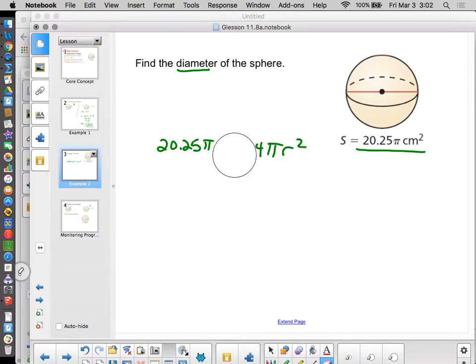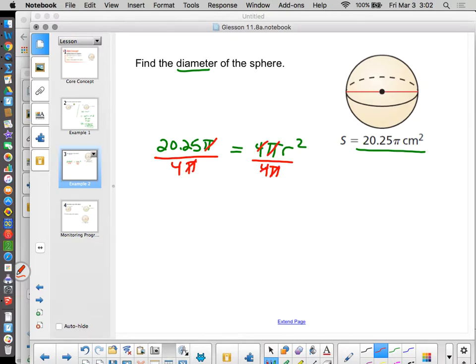For now, we'll get rid of the centimeter squared because we'll put the context in at the end. I could divide through by 4 pi. The pi's just cancel here. And 20.25 divided by 4, that's not going to be so awesome, but we'll see what we get.